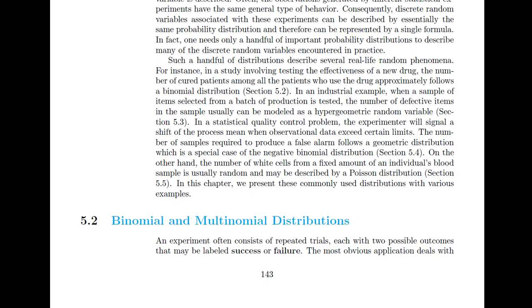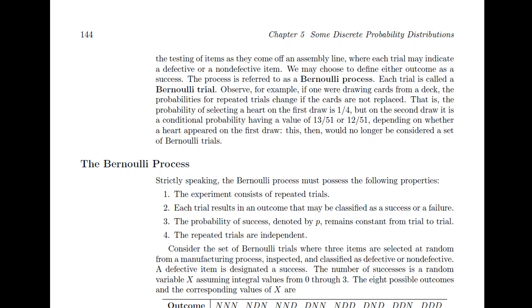The most obvious application deals with the testing of items as they come off an assembly line, where each trial may indicate a defective or non-defective item. We may choose to define either outcome as a success. The process is referred to as a Bernoulli process. Each trial is called a Bernoulli trial.